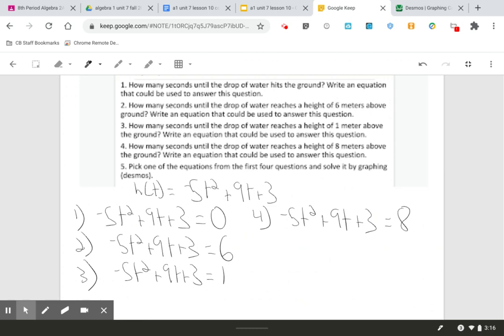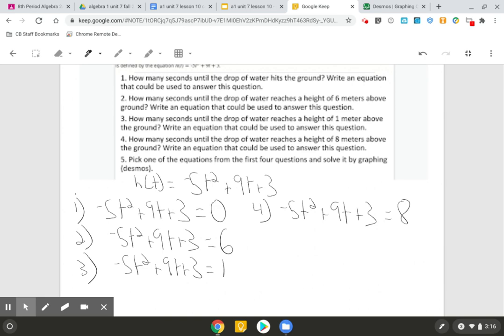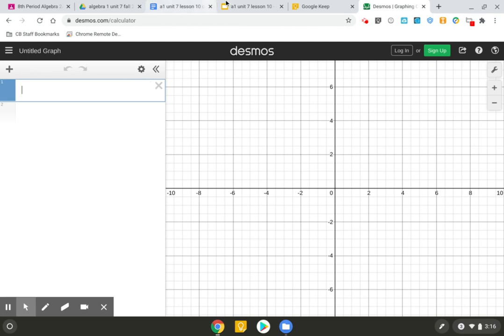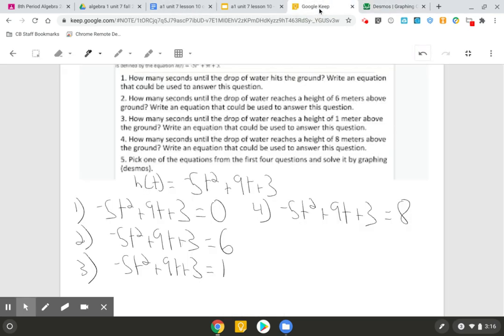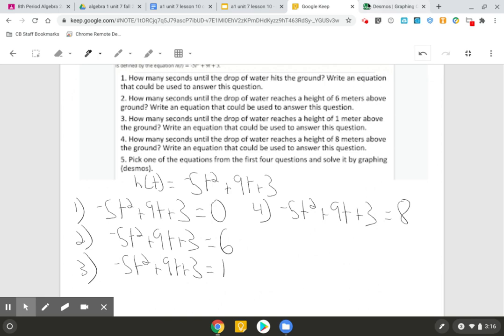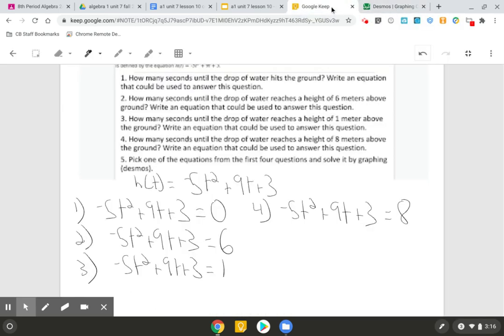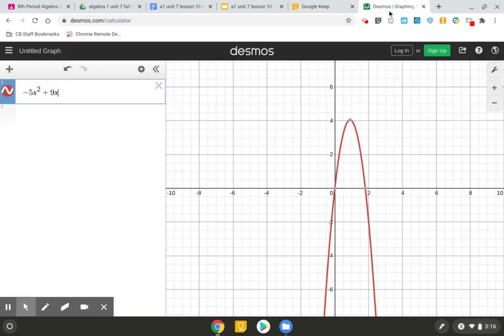So the cool thing about this is that we could go to Desmos. So I'm just going to type in the first one. Okay. So when I use Desmos, and this is really the only thing, I'm going to replace the t's with x's. So instead of negative 5t squared, I'm going to put negative 5x squared, plus 9t, so in here I'll do plus 9x plus 3.